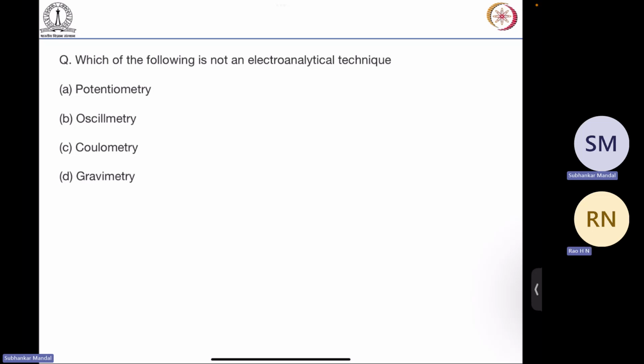Oscillometry, okay. Gravimetry, what is gravimetry? Basically, we are taking the weight, but there is no electron transfer.